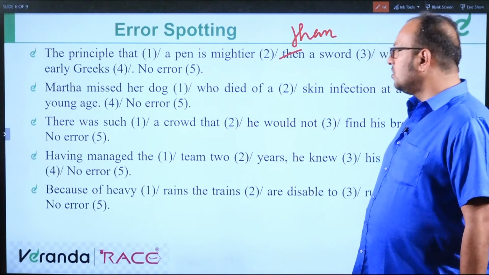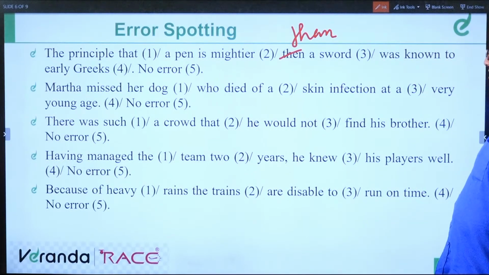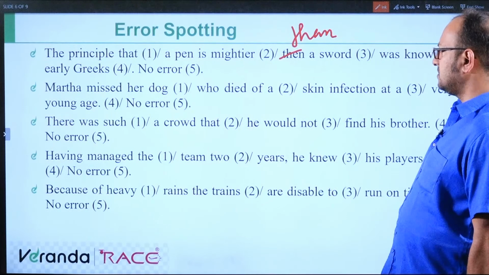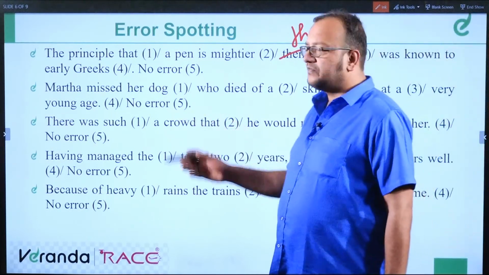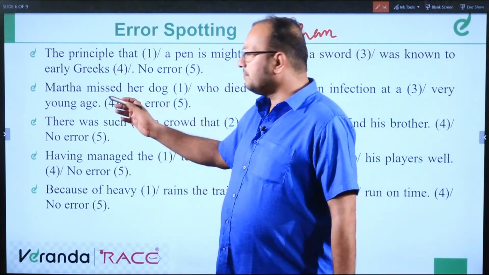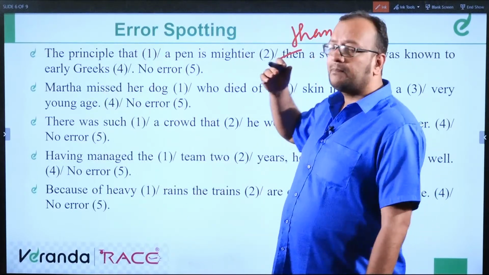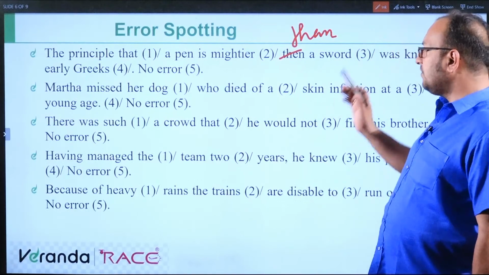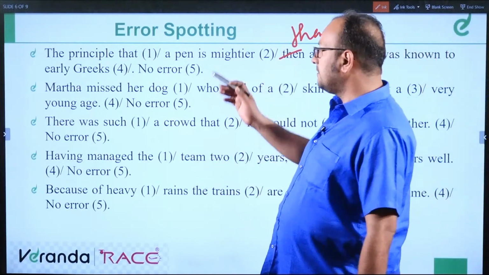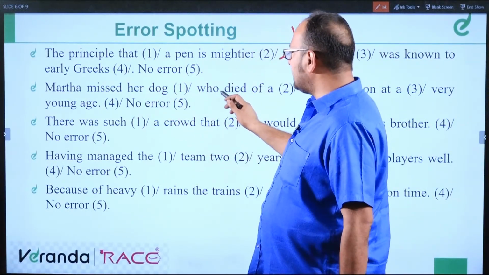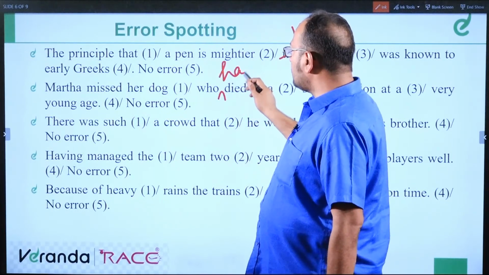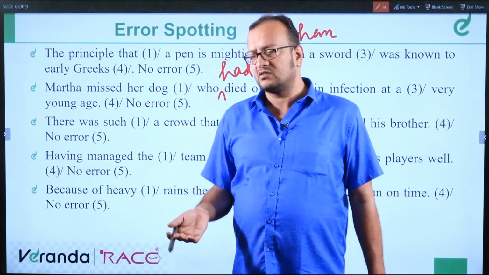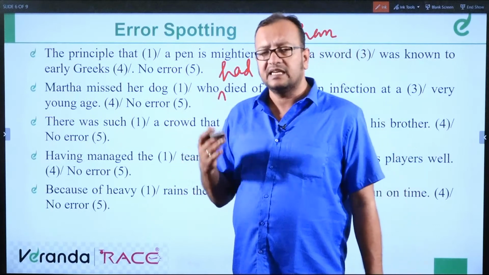Martha missed her dog who died of a skin infection at a very young age. I think there's no error in that, because we might think that it should be Martha misses her dog. But still, it's in the past, so it's quite possible that she missed her dog. If it is past tense, Martha missed her dog who had died of, because the dog died earlier and she remembered it later on.